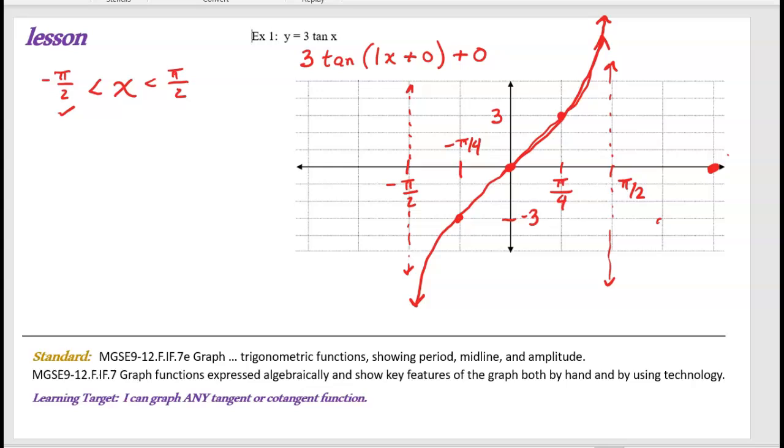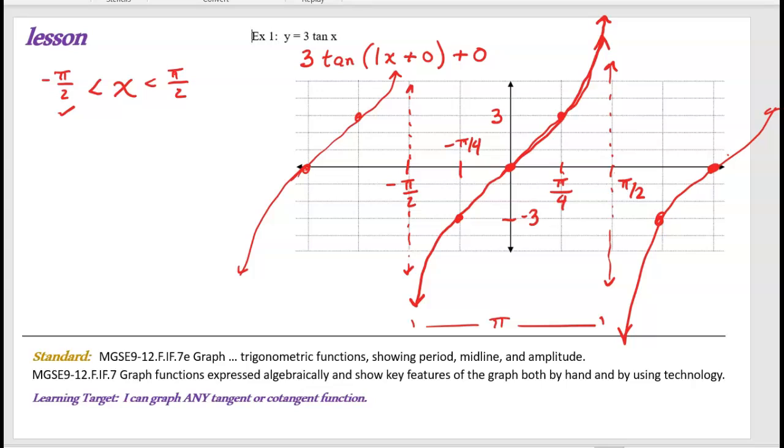You can graph more than one full period on both sides, completely up to you. So you can graph more than that, but one full period is fine. 1, 2, 3, 4, 5 x values within one full period.